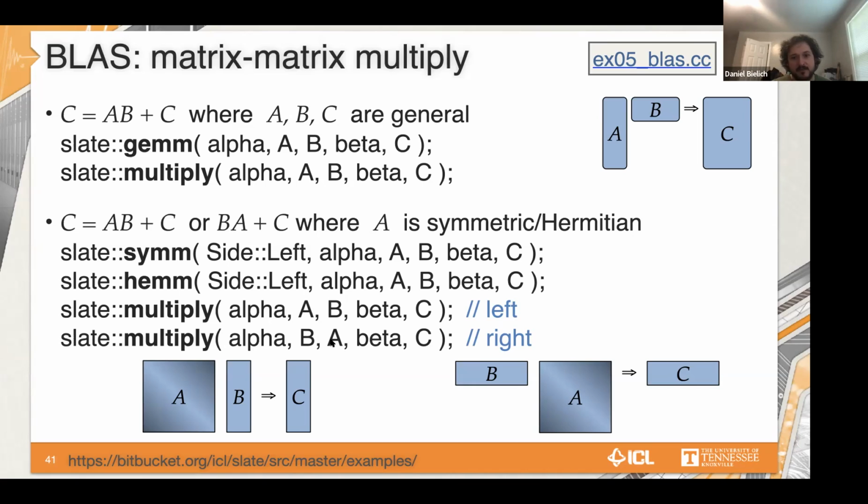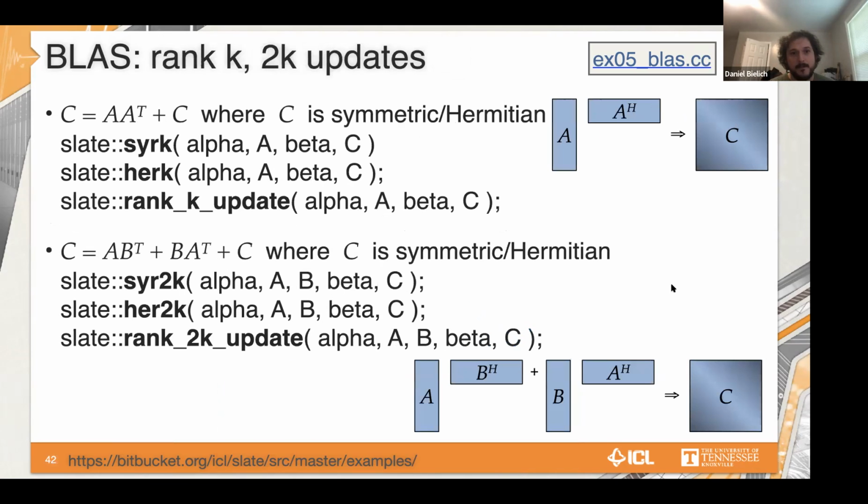Whereas the second, we have it on the right, so we want to compute on the right. In addition, with these different gemm, symm, hemm, the slate multiply routine actually will figure out the type that you're getting under the hood and perform the correct operation. So it just simplifies your life a little bit. But the older routines, the original routines, gemm, symm, are available for the user if that's their preference.